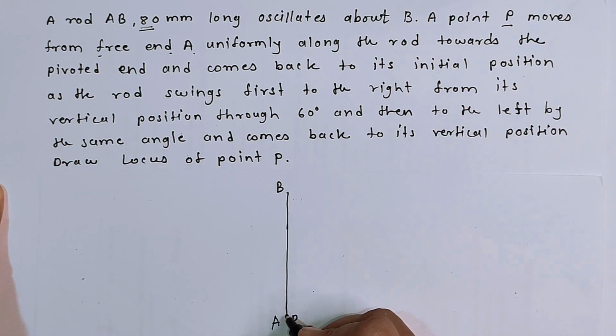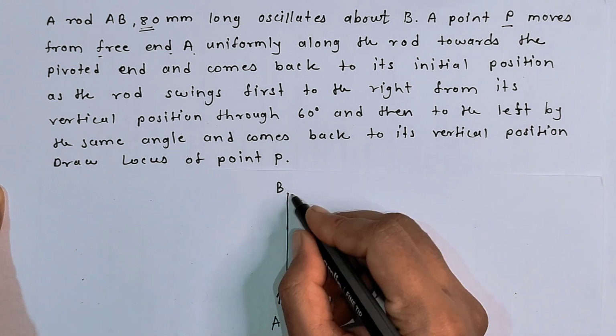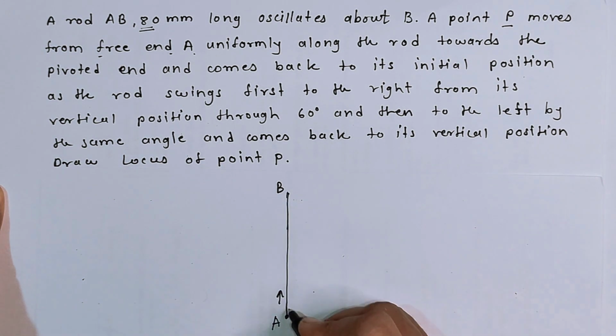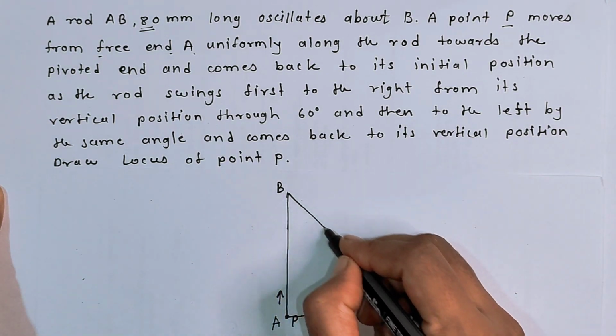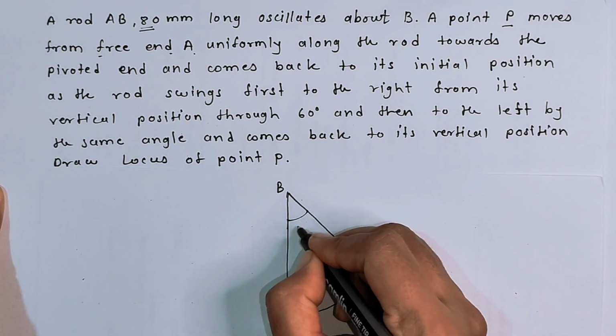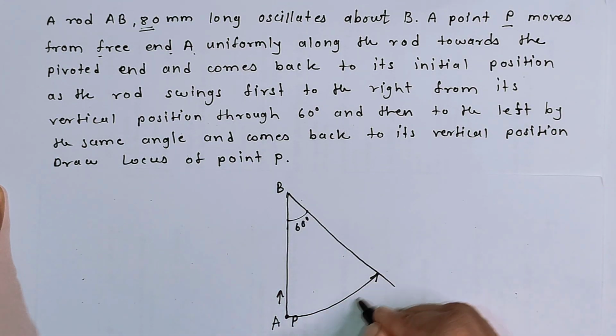When the rod oscillates, the question says the rod swings first to the right from the vertical position, through 60 degrees. So it moves 60 degrees to the right and returns back to the vertical.